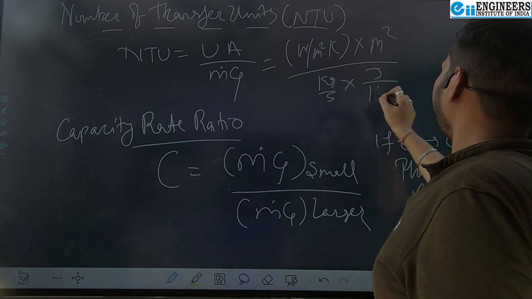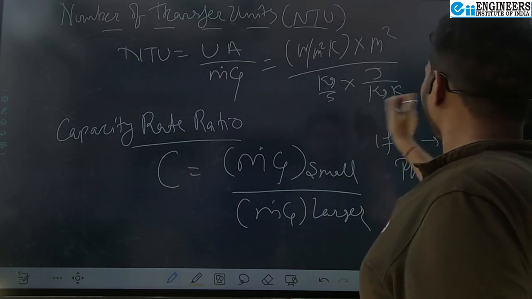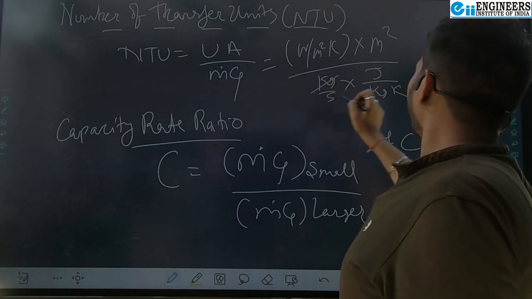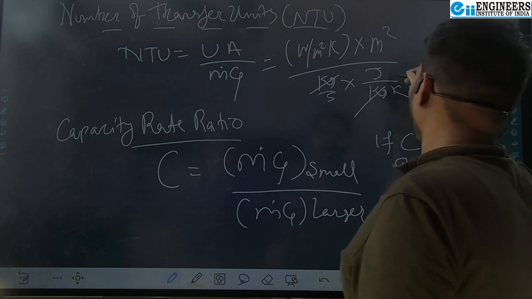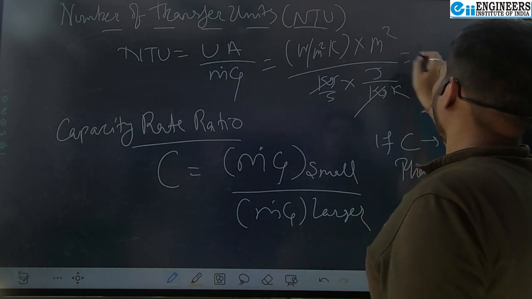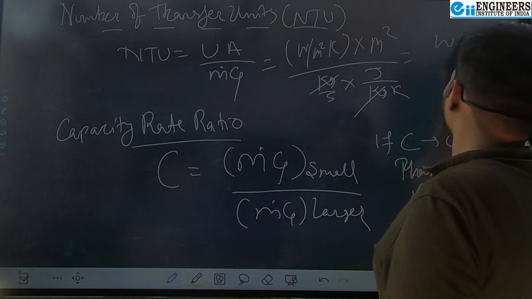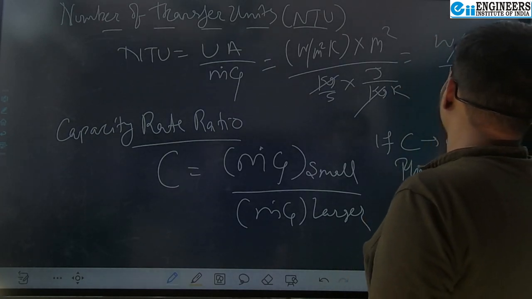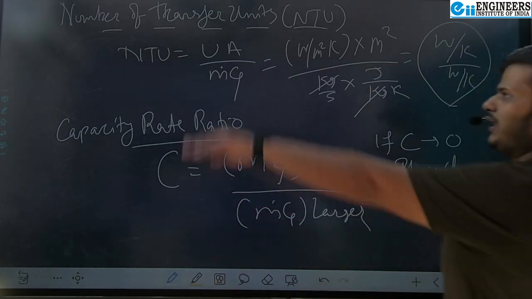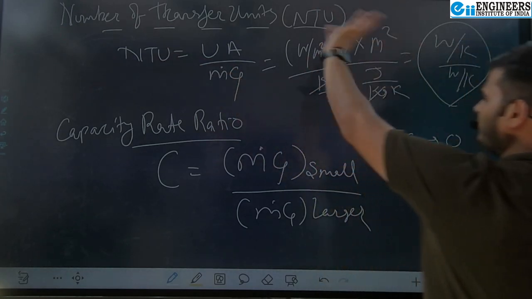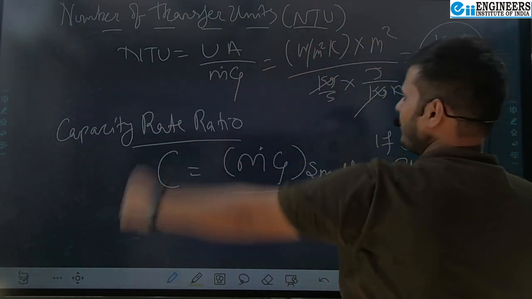Joule per kg Kelvin. So here kg will get cancelled. Joule per second is watt, so watt per Kelvin divided by watt per Kelvin, that is a non-dimensional number. So NTU is a non-dimensional factor shown by the ratio of UA by mCp.